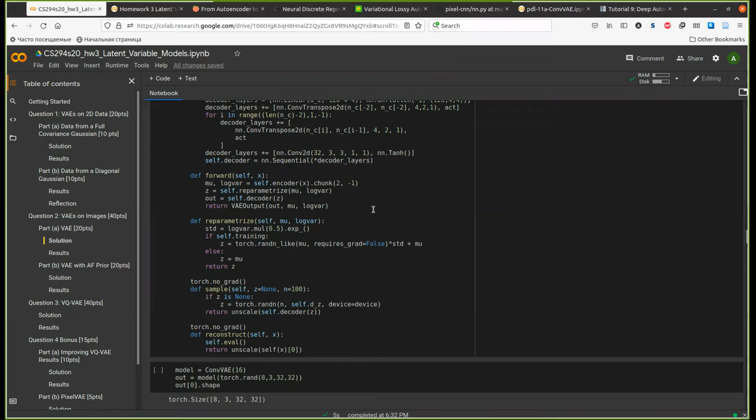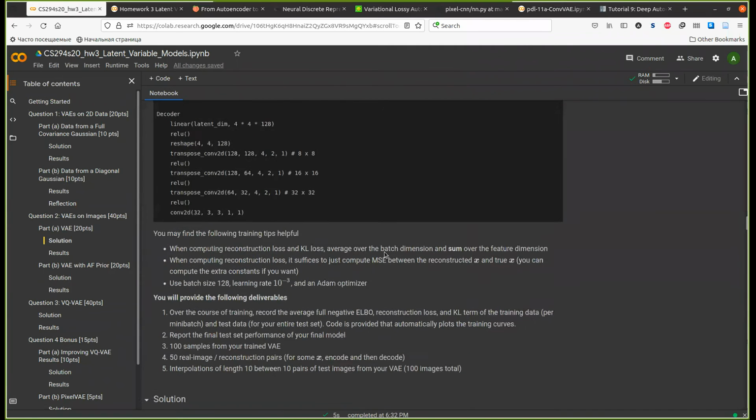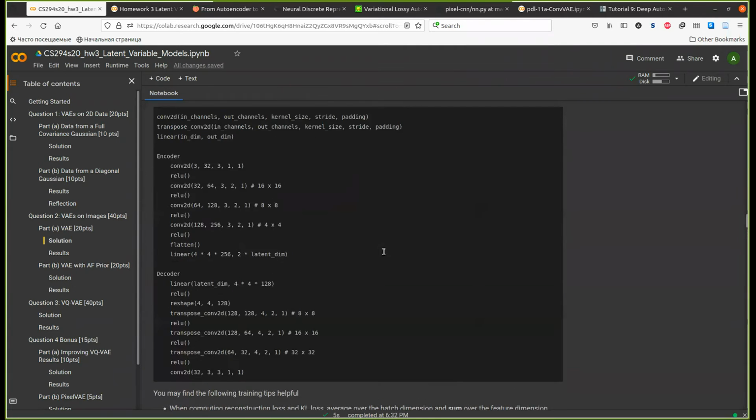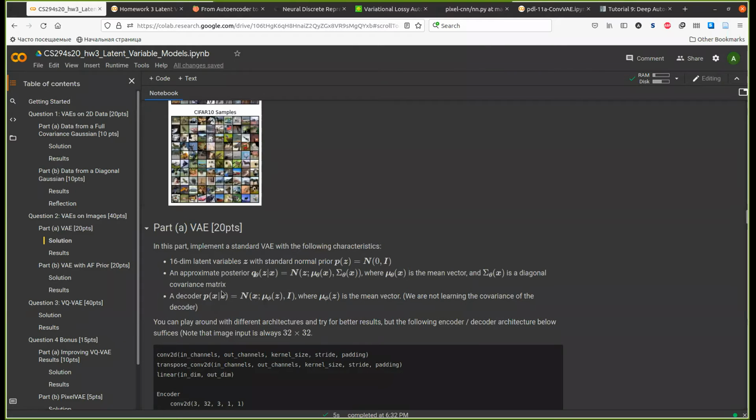Now we are essentially just learning a mean, as I think they even say in the problem statement.